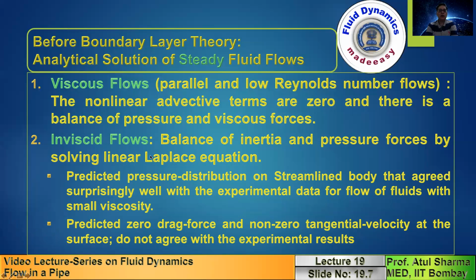So note that in boundary layer theory, I'll later on present some analytical methods for obtaining the solution. So before boundary layer theory, there were two analytical procedures, one for viscous flow and another for inviscid flow. And after the advent of the boundary layer theory, this was the third analytical method of solution for steady fluid flows.